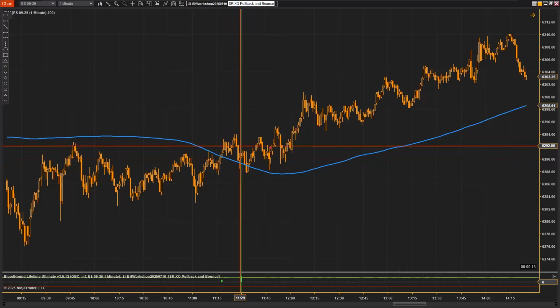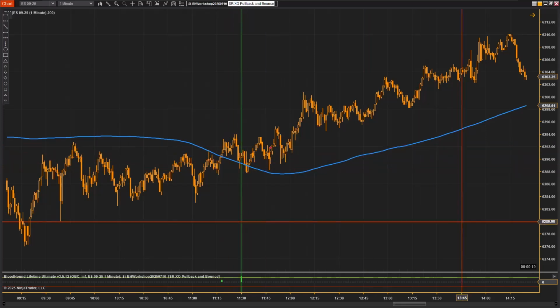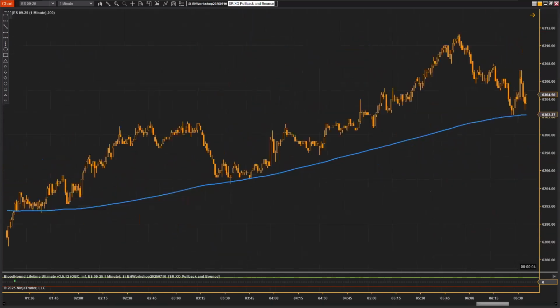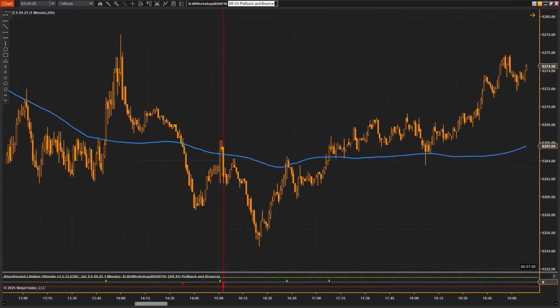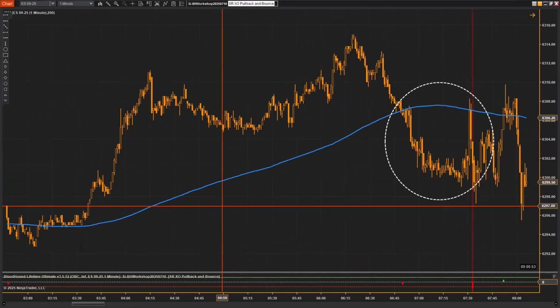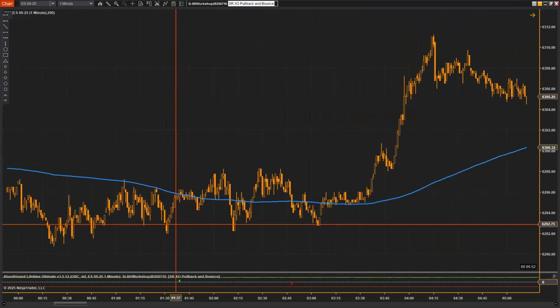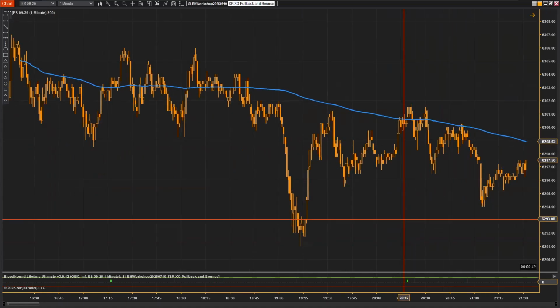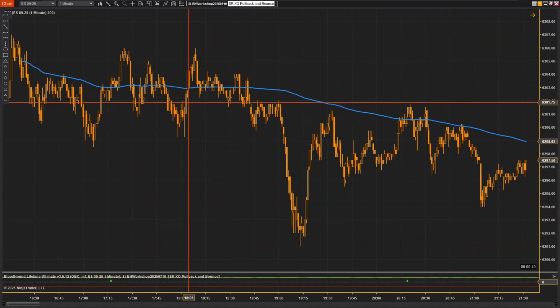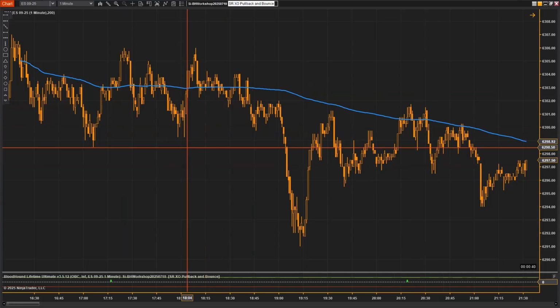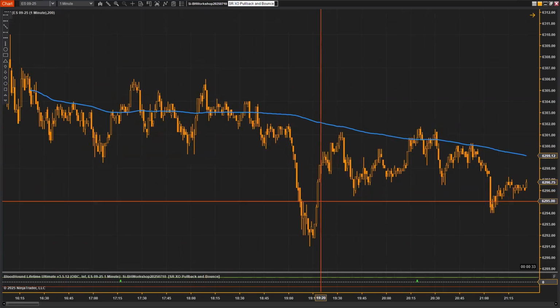Our crossover, pullback, and bounce. All right, that's where we were before. Yeah, we're definitely not going to get any signals with all this chopping around on that support resistance level.